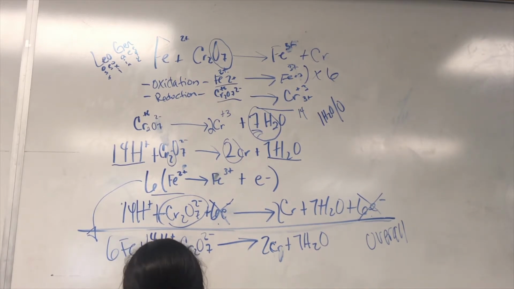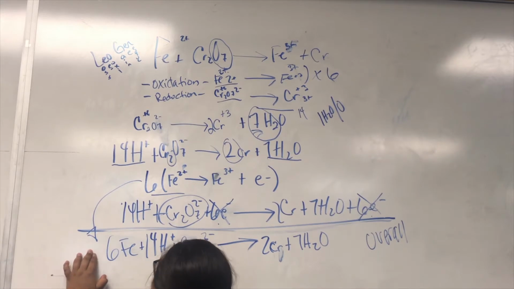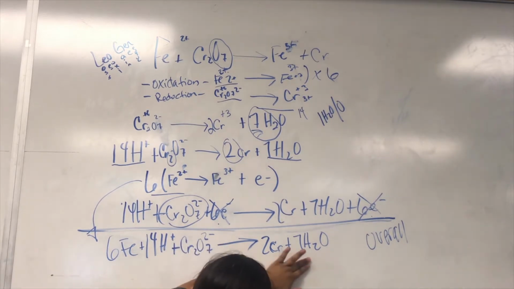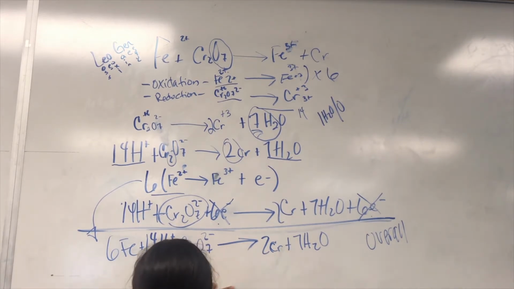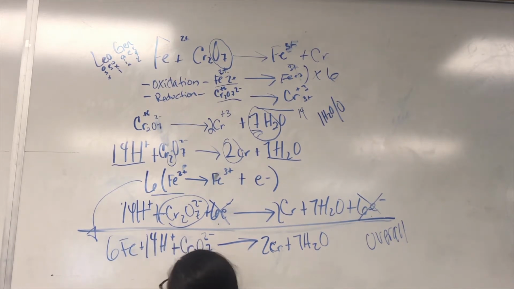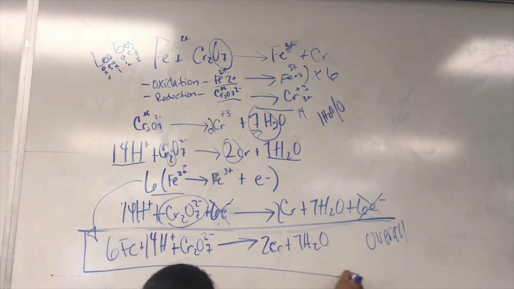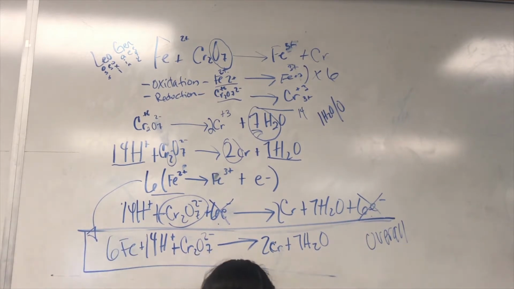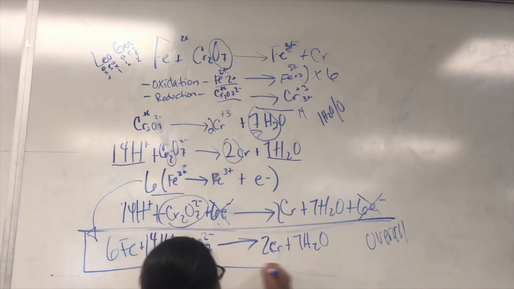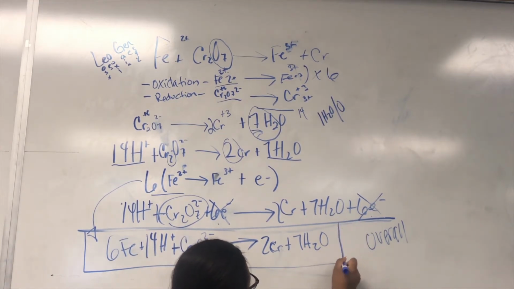The last step is to confirm that the whole equation has the same amount of electrons and charges, and it is balanced. So, according to the book, this is balanced, so I'm just gonna believe the book and say this is the final answer.